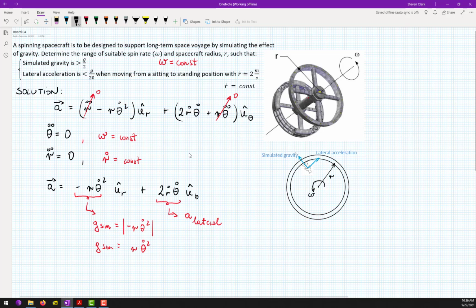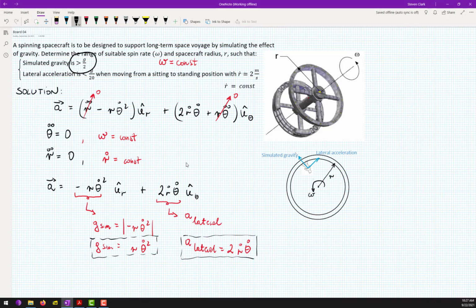So right now we just have to, and so let me write down this also. A lateral is equal to 2R dot theta dot. Okay, so we have our two expressions, yes? And now they told us that simulated gravity should be larger than G/2, yeah?